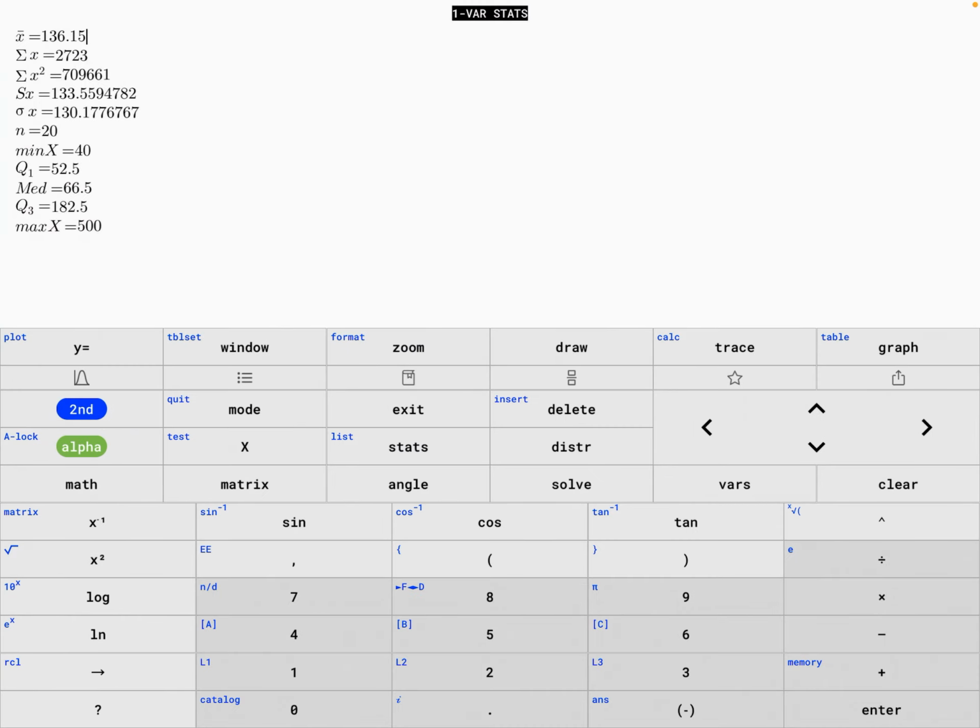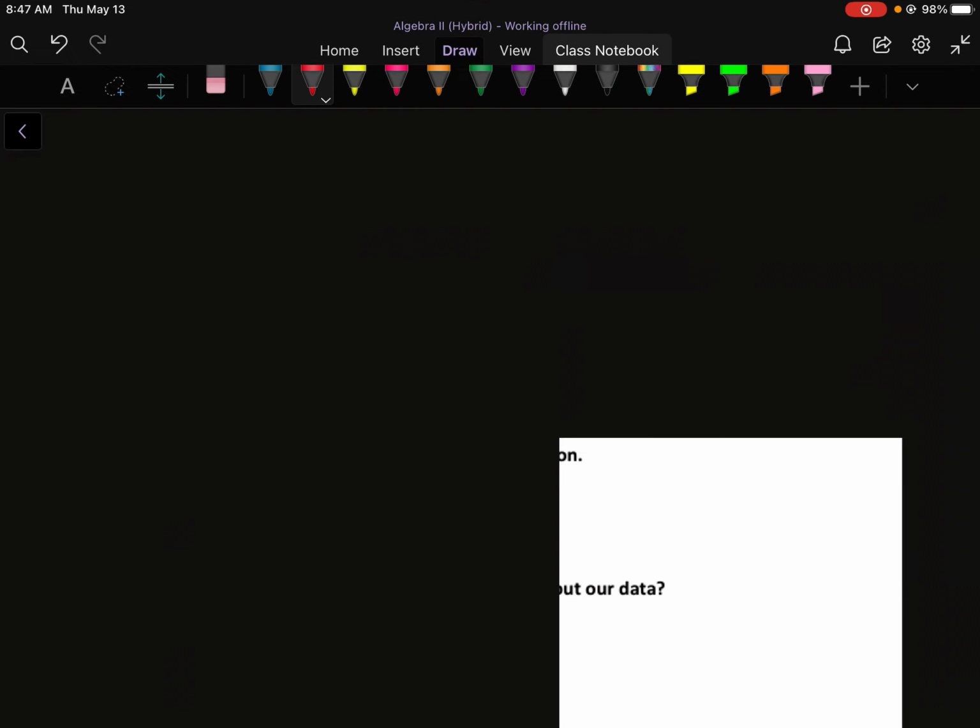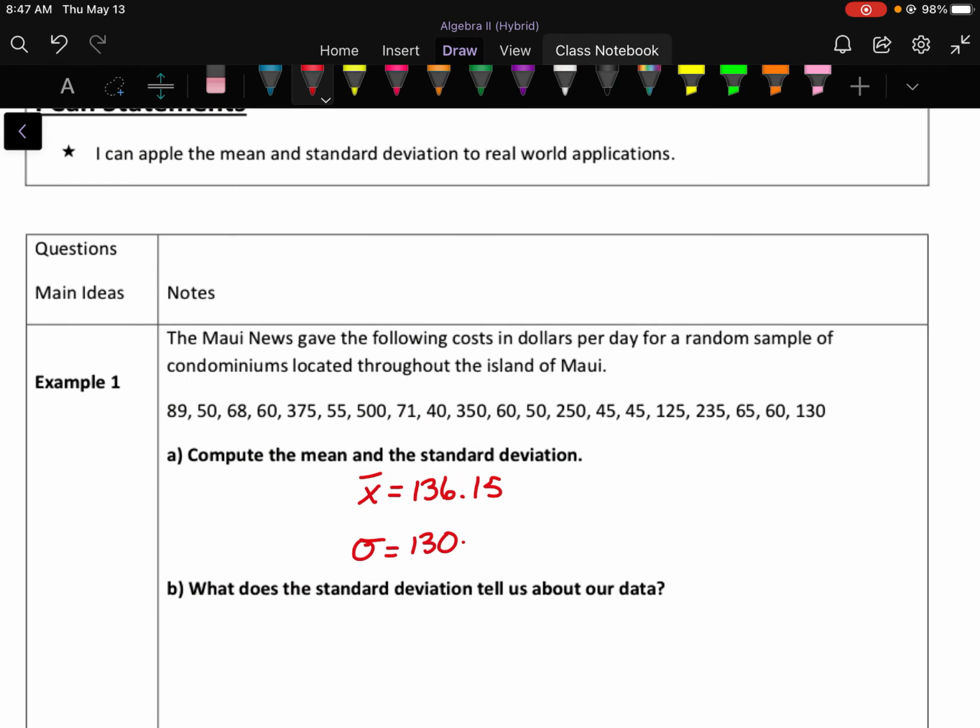So if I hop back over to my calculator, you can see it right above n. It says 130.1776767, but let's round to 2 decimal places, so 130.18. So you can see pretty quick, finding mean and standard deviation on your calculator.